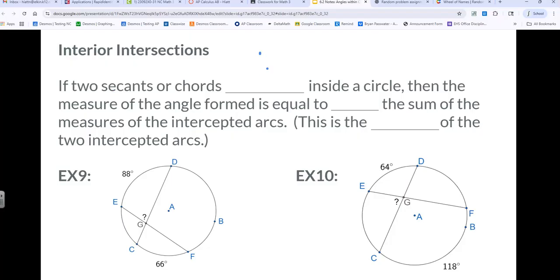So if two secants or chords intersect inside a circle, then the measure of the angle formed is equal to half the sum of the measures of the intersected arcs. And an easier way to remember that is this is the average of the two intersected arcs.